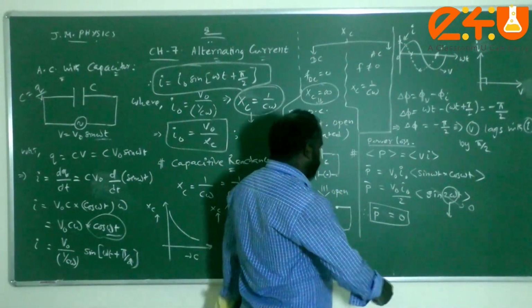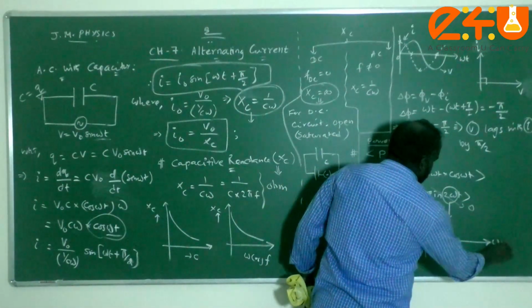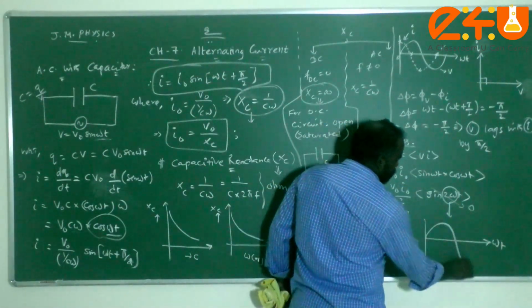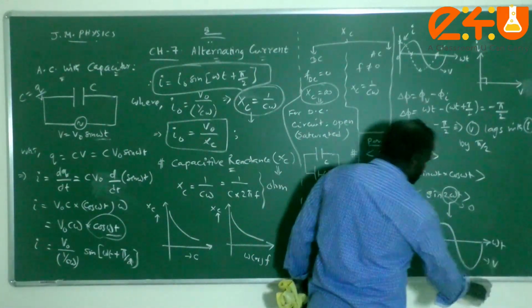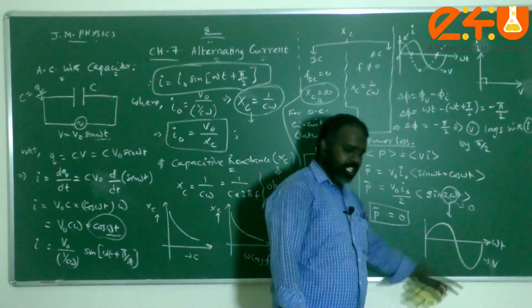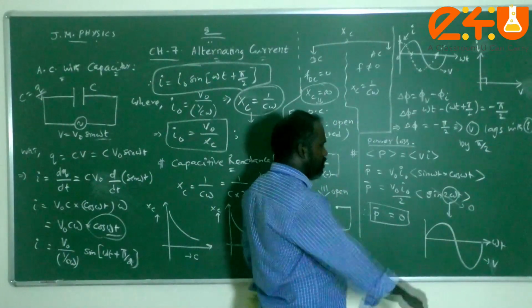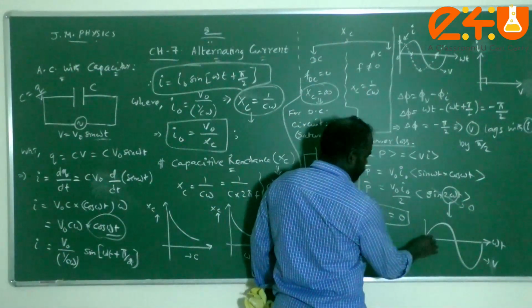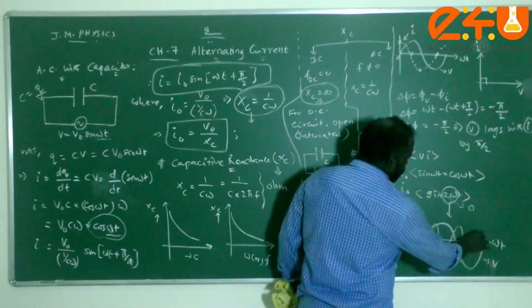That means when the voltage completes one cycle, the power completes 2 cycles, because the frequency is 2 times omega. So it will look like this.